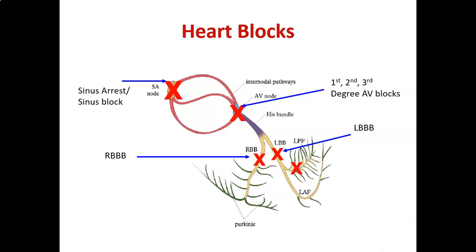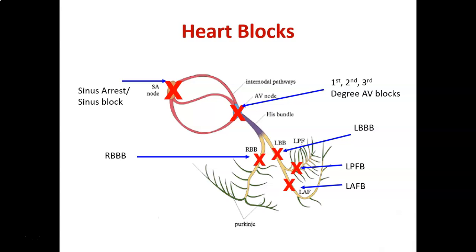Electricity can also be blocked at the left posterior fascicle, and we get the left posterior fascicular block or posterior hemiblock. And electricity can also be blocked at the left anterior fascicle, and we get the left anterior fascicular block or anterior hemiblock.